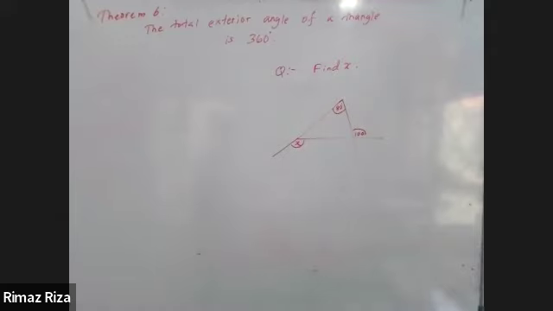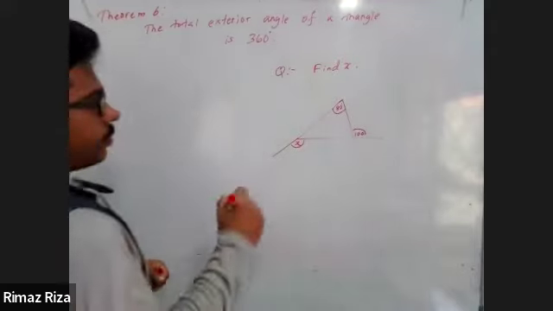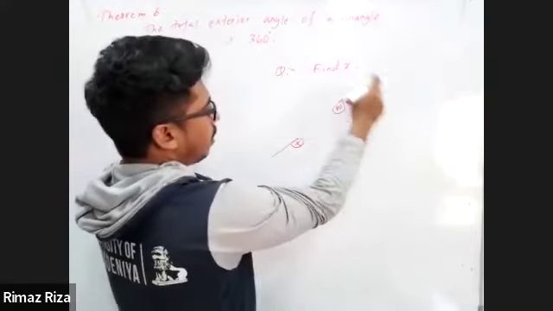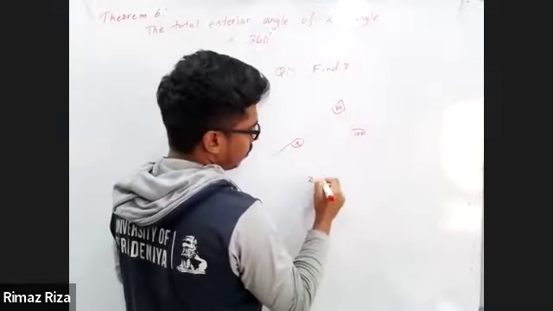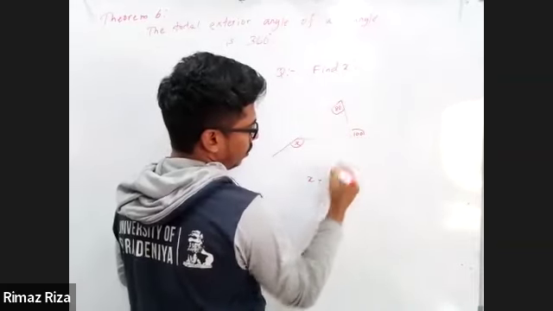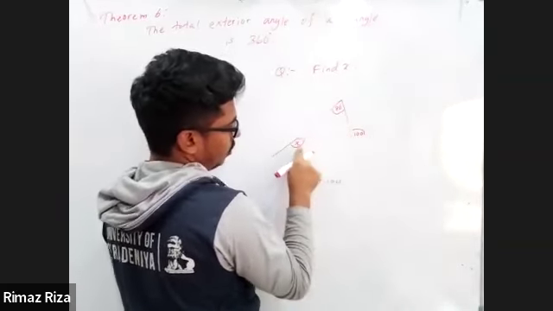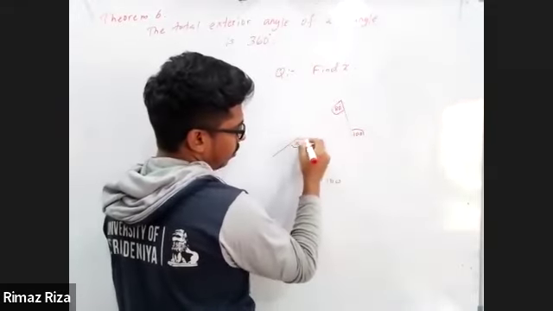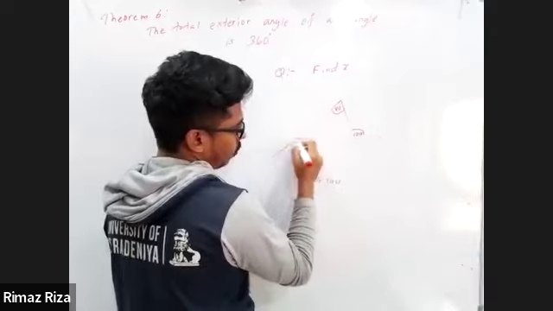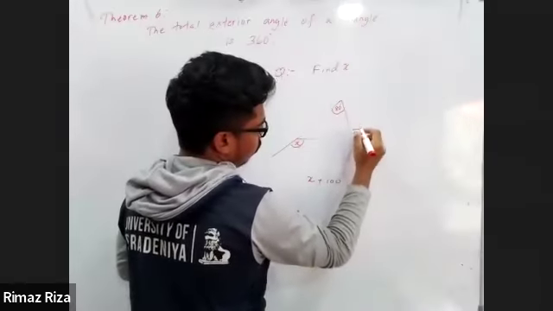Okay, so here the sum of exterior angles is equal to 360. So x plus 100. So this angle, and then you extend this, and then between these two, and then you extend this between these two.